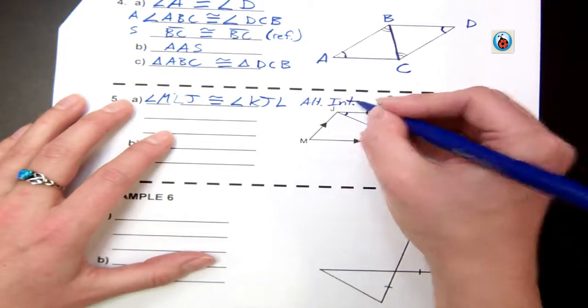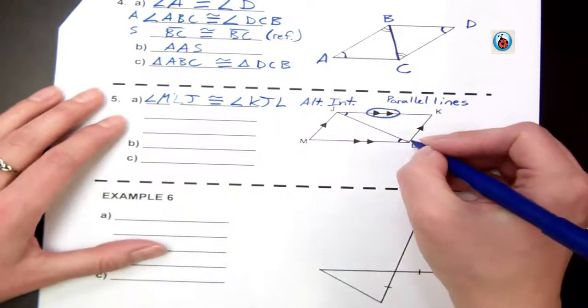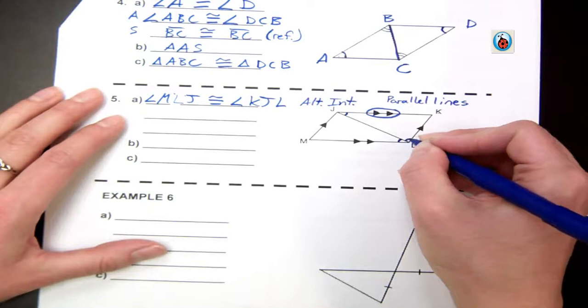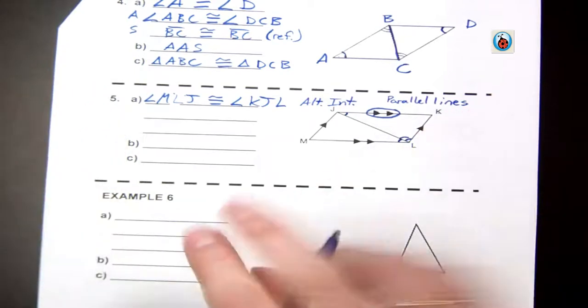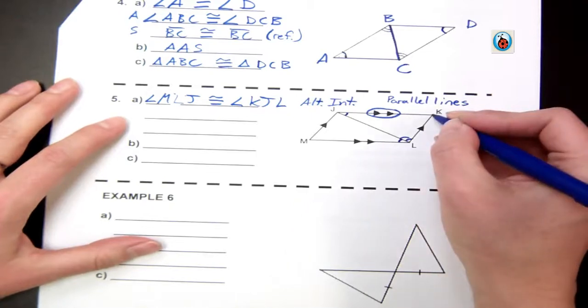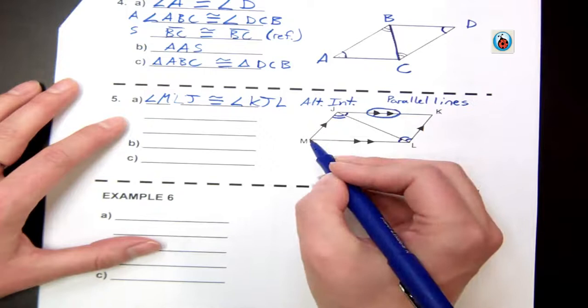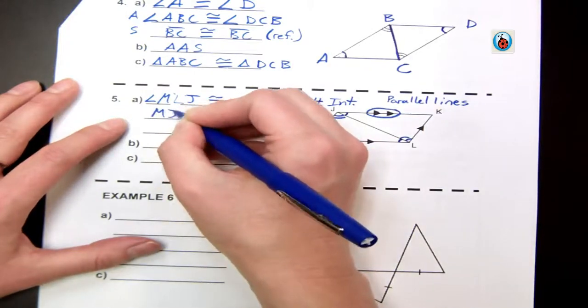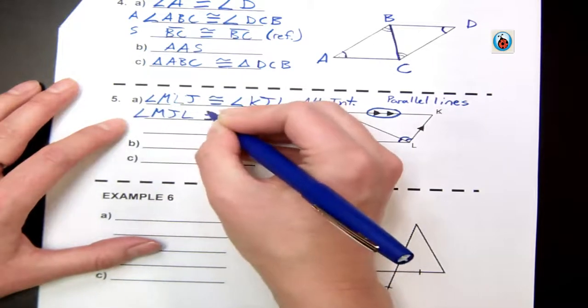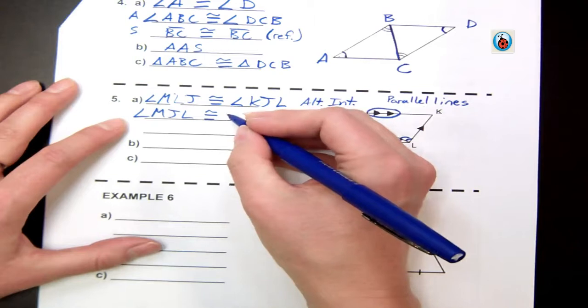So our alternate interior angles that we spent so much time with last unit. And then I can do it again on the other side. On this side I have my other side of the angles are congruent, so now I have MJL is congruent to KLJ.